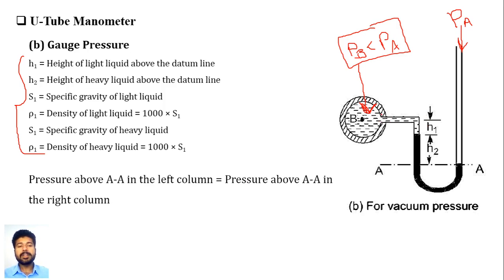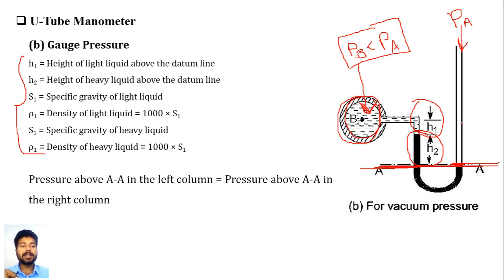Firstly, we need to identify the total components in this diagram. The first component is the pipe itself, that is the pressure. The second component is this much, and the third component is this much. So there are three components in your simple U-tube manometer. By equating these two limbs above this datum line AA, always remember your datum line will be the lowest point of your mercury level.